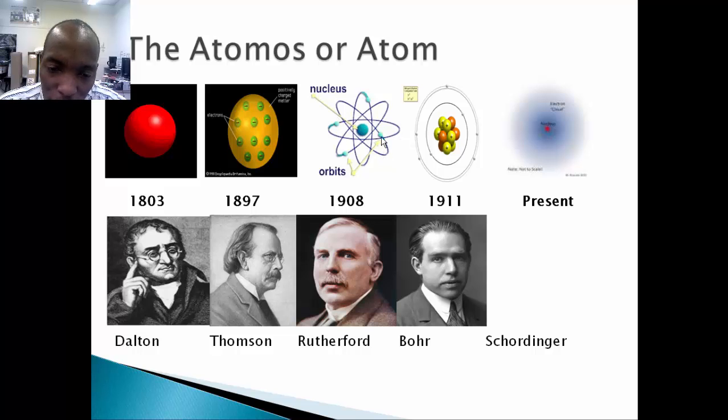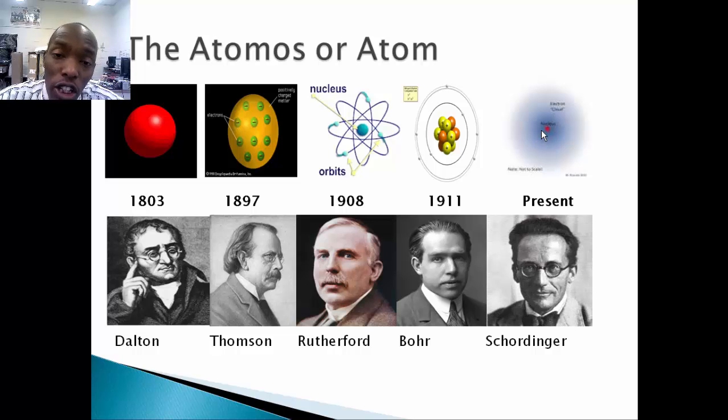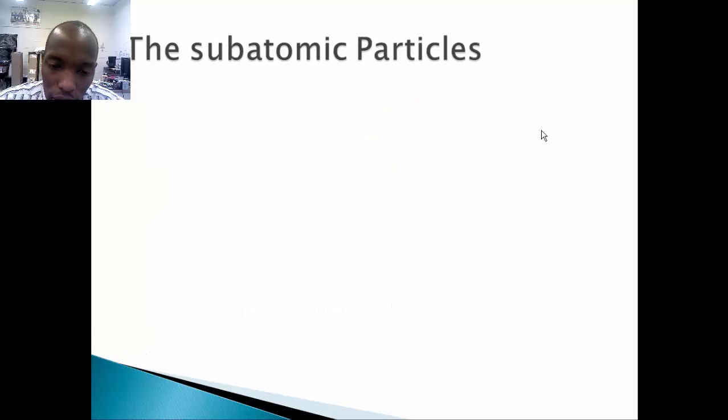And then we said, no, that's not quite right. It's a cloud, and this cloud is primarily empty space with electrons around the nucleus. This was developed by Schrodinger and a few other scientists, Einstein being one that comes to mind, Weinberg, and the like.